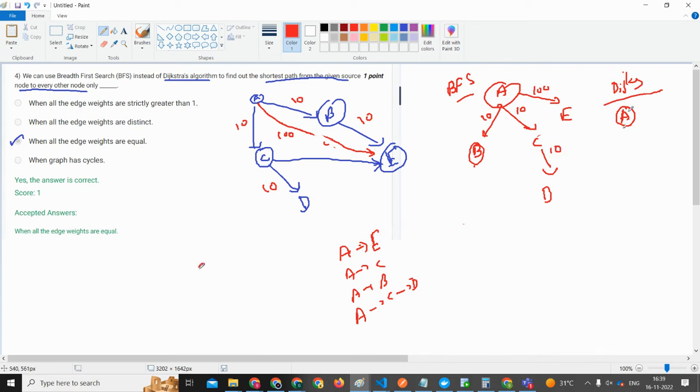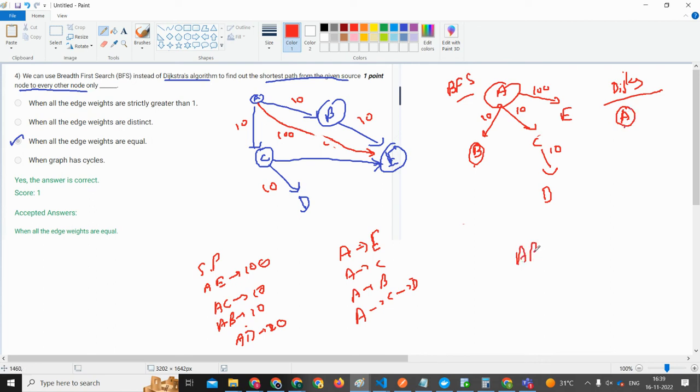So the shortest path for A to E is 100, A to B is 10, and A to D is 20. This is what BFS is saying.